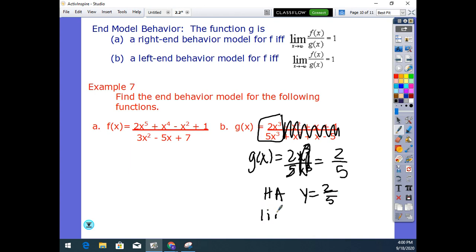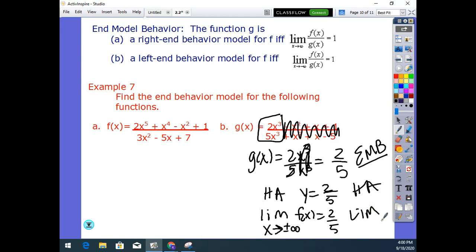It also means that the limit as x approaches plus or minus infinity of my function equals 2/5. Three things: end model behavior, horizontal asymptotes, and the limits as x approaches plus or minus infinity. All three of these connect, especially when this equals a number.